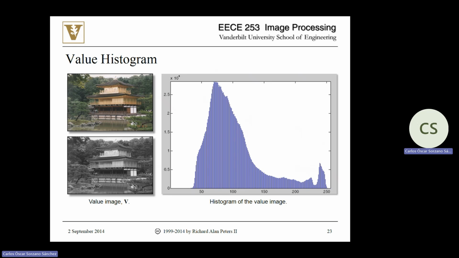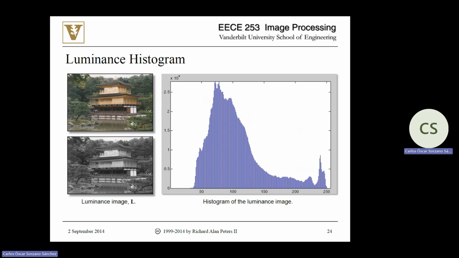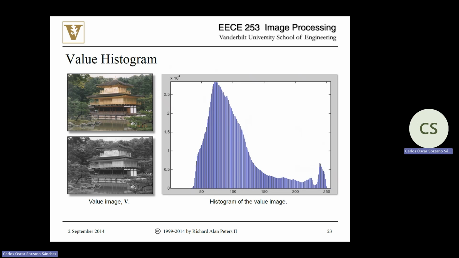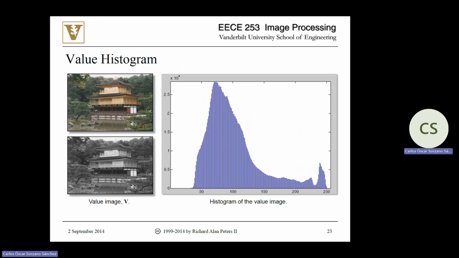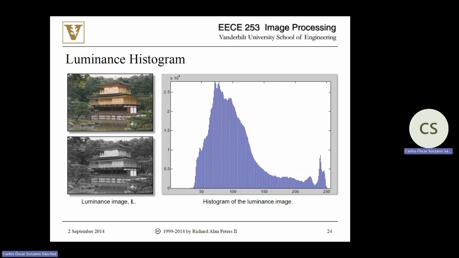Instead of luminance, it's again the value, because the value is easier, it is just the same weight for all of them, so it is easier to do calculations with. And this is the histogram of luminance. You can see that there is a change. Even here, if you look at this plot, there's a change between the value and luminance. It's big. So luminance and value are not the same. It makes sense because the weights are different.